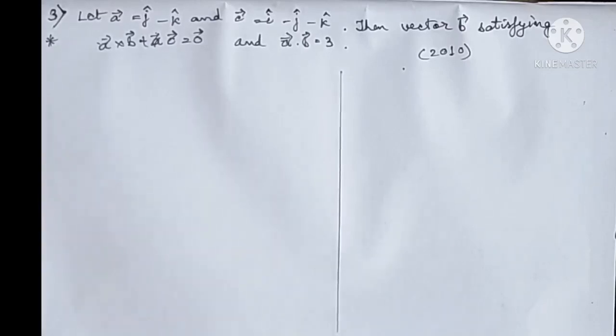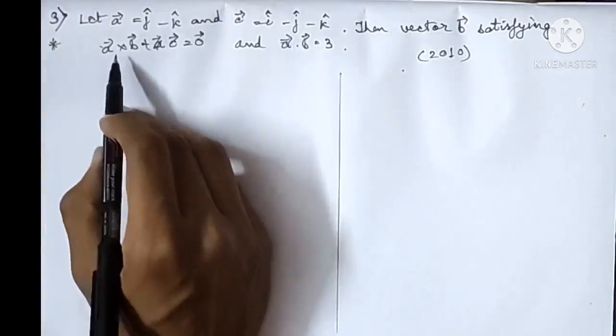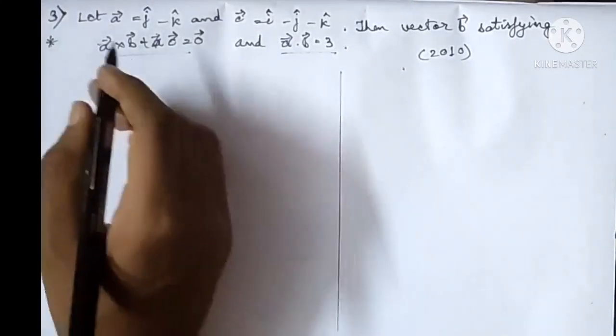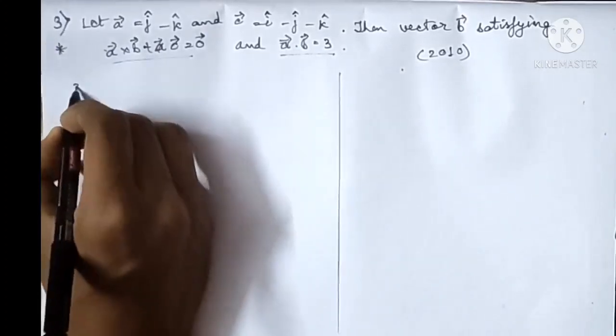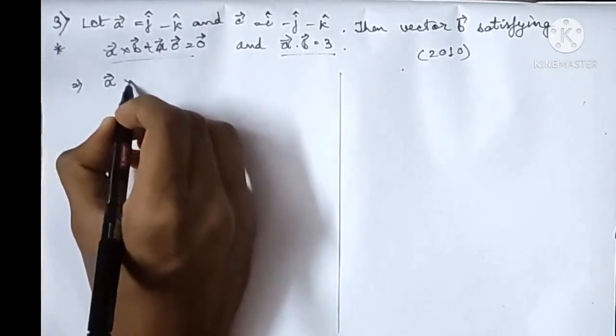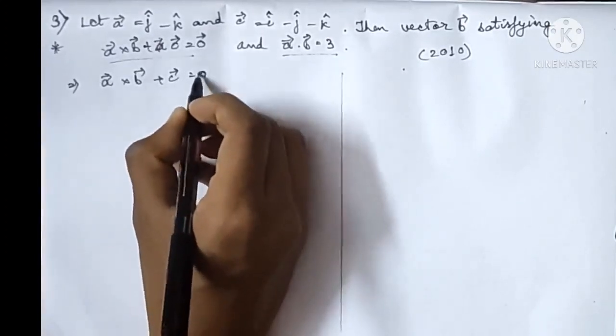See, the most important approach for these questions comes from what we are given with. We are given with this one and this one, so let's at first write this one down. Then A cross B plus C is equal to 0 vector.